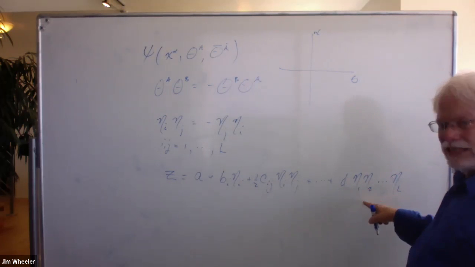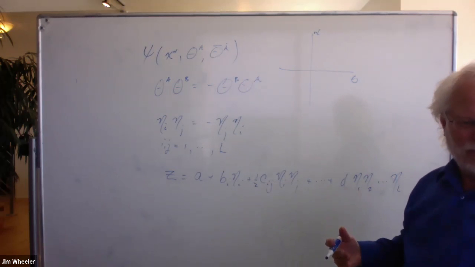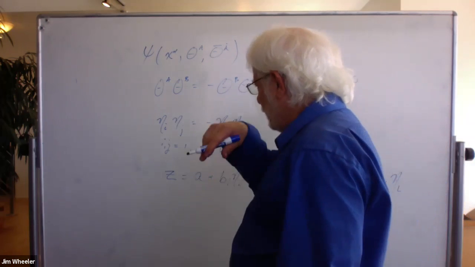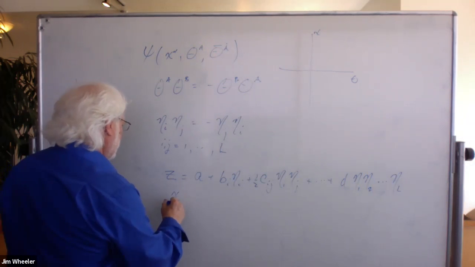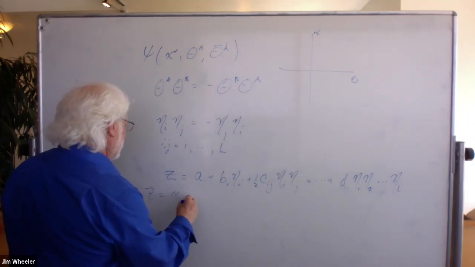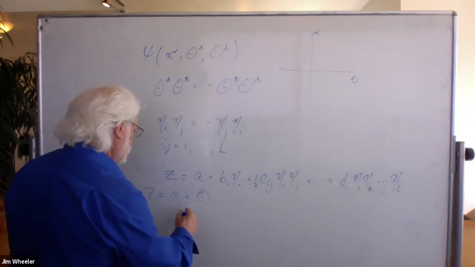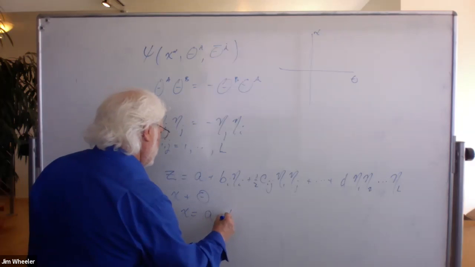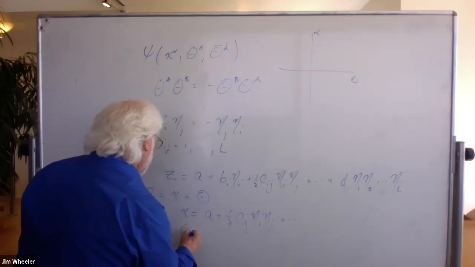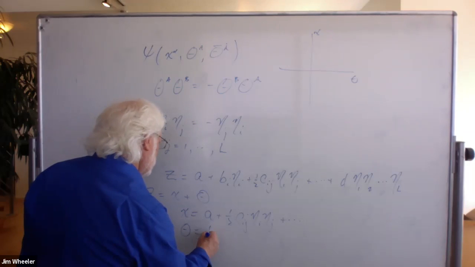You'd have to repeat one to go higher, and that would be 0. So this gives you 2 kinds of numbers. You take z to be x plus theta, where x is the even sector, and theta is the odd sector.